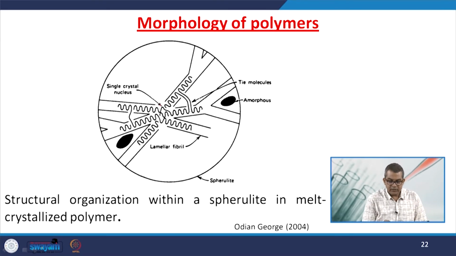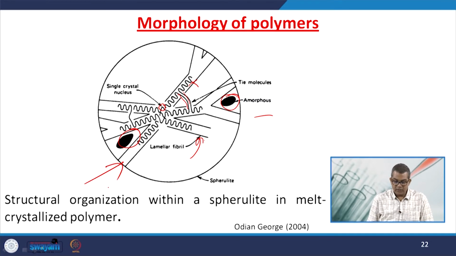You see the single crystal nucleus, and there are various kinds of lamellar fibrils like here. Here these are the tie molecules, and you see that these are some spherical amorphous sites. So, this is the spherical spherulite within the melt crystallized polymer.